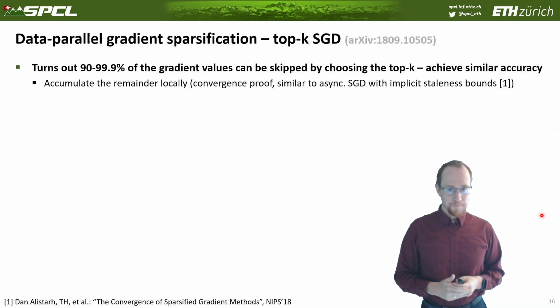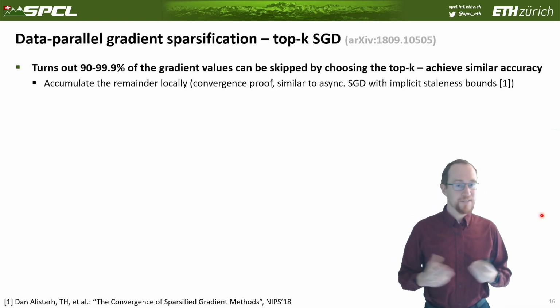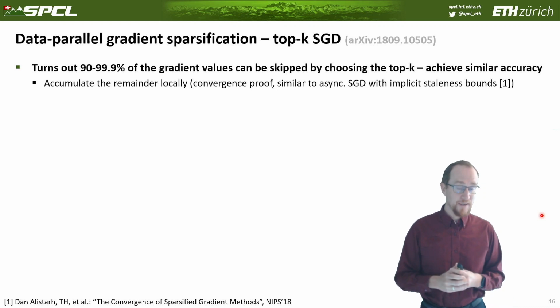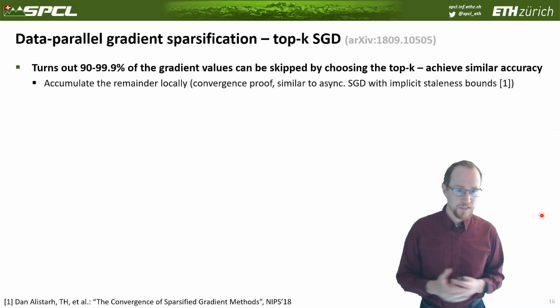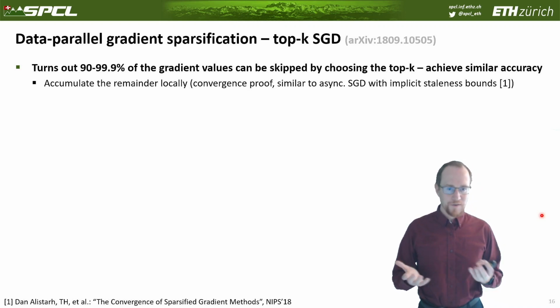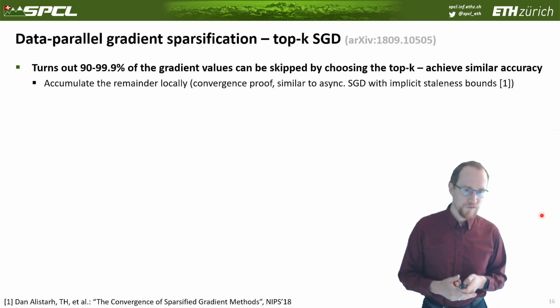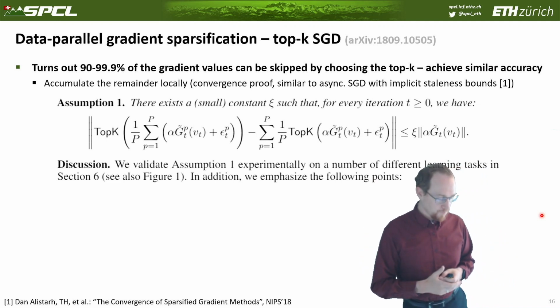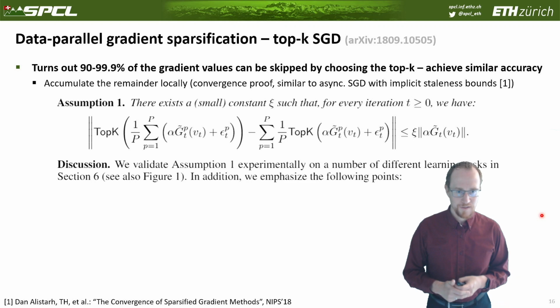It turns out that about 90 to 99.9% of these gradient values can be skipped, do not need to be sent, and they can be sent in some later iteration, and it achieves very similar accuracy as if I'm sending them immediately. So somehow I can just accumulate the remainder locally and not send most of those values. There's actually a proof that a collaborator and colleague, Dan Alistarh, developed, where you can show that this will actually converge in expectation.